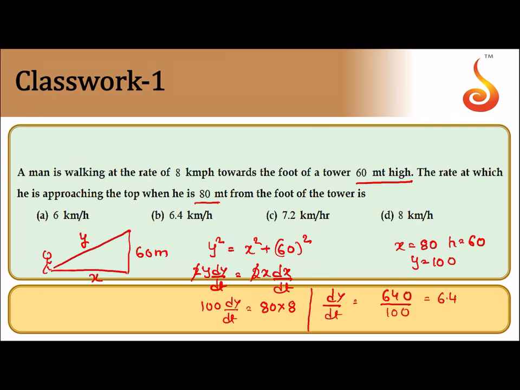So this will give you 100 dy by dt is equal to x is how much? x is 80 into 8. So this implies dy by dt is equal to 640 by 100, which will give you 6.40 kilometers per hour.